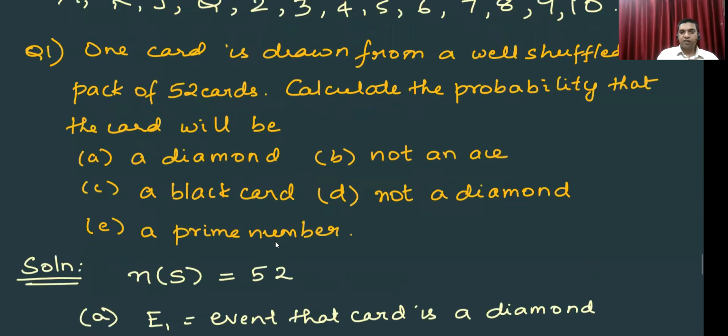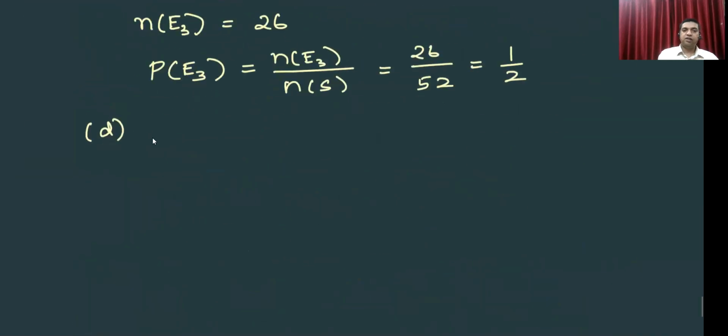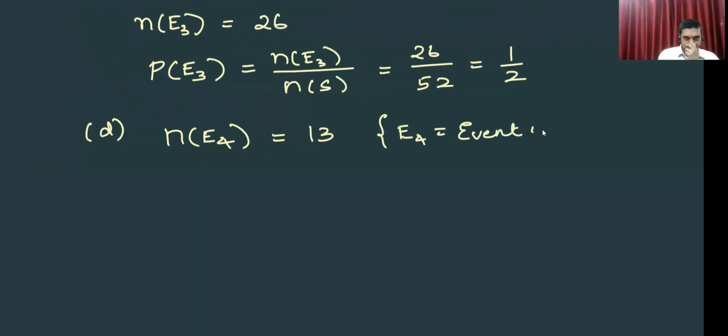Then the next one, not a diamond. Not 3 by 4, correct. E4 is the event of getting a diamond. n of E4 is 13.